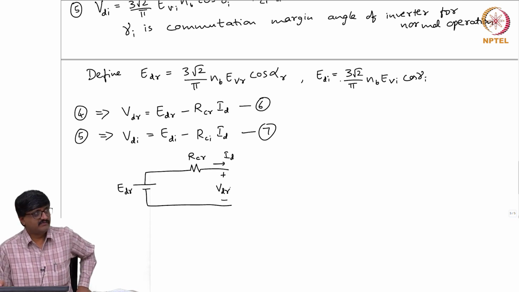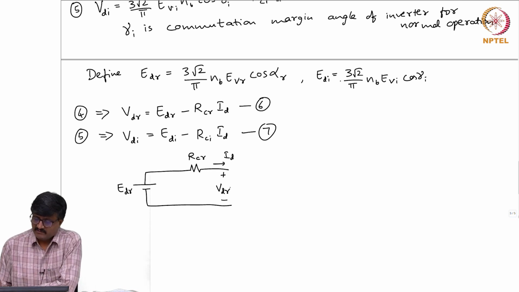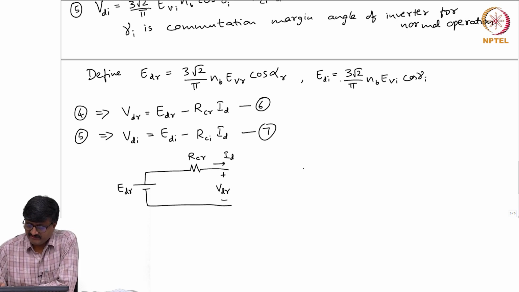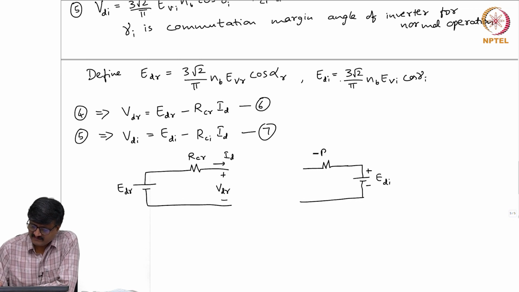Similarly, on the inverter side, I have equation 7 and can draw an equivalent circuit for it. The voltage source is EDI, with resistance RCI, and the current is the same ID. The voltage at these two terminals is VDI.